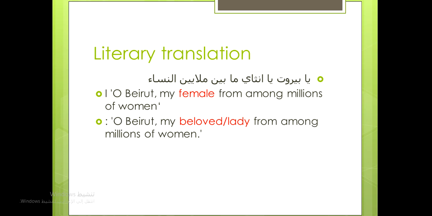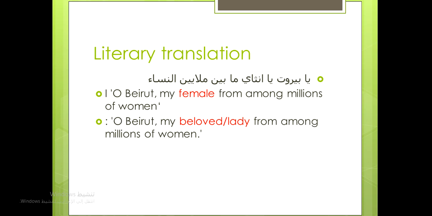But when it's translated as, let's see the first translation, O Beirut, my female from among millions of women, here the emotions are detached from this translation, because when you say female in the English community, it may not be associated with a positive connotation as it is in Arabic.